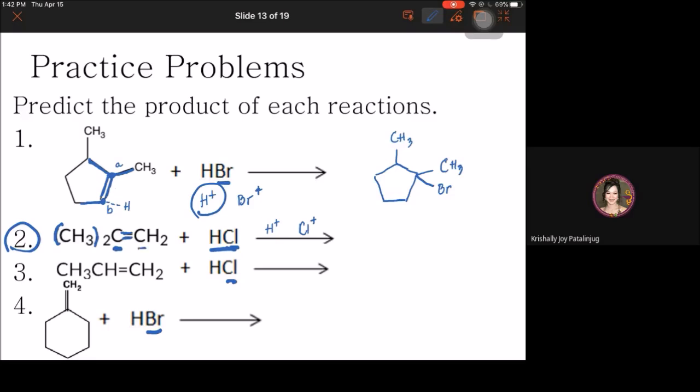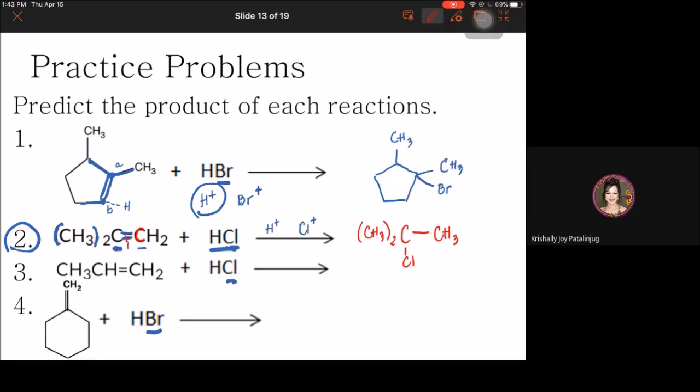Whereas this carbon, highlighted in red, has two hydrogens. So obviously the double bond carbon on the right side is where the hydrogen goes. So you copy the whole condensed structure, CH3, 2, then here you add the chloro, one bond only, then CH3. Don't forget, in an addition reaction, break the pi bond. You cannot add if the pi bond is not broken.